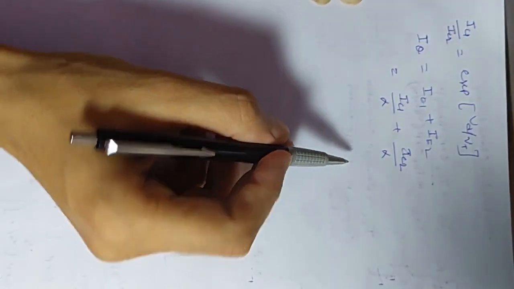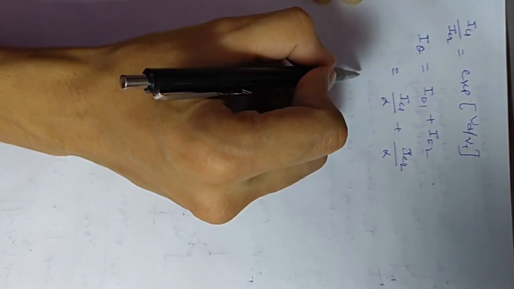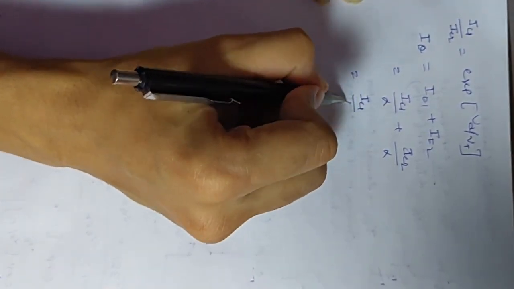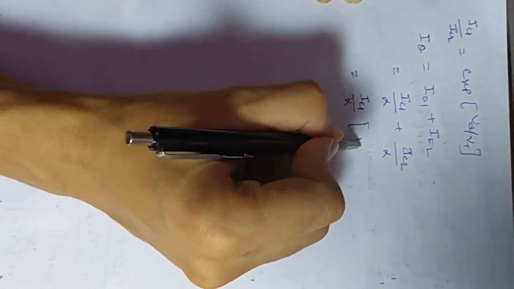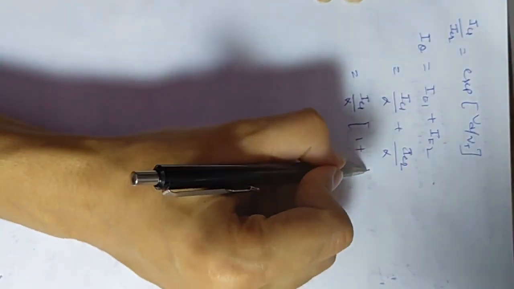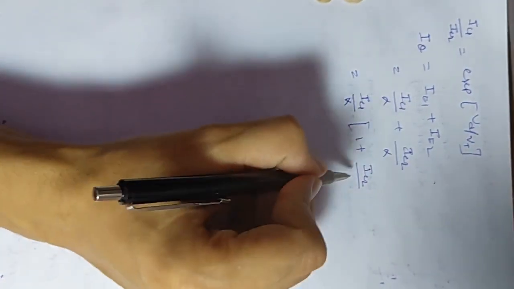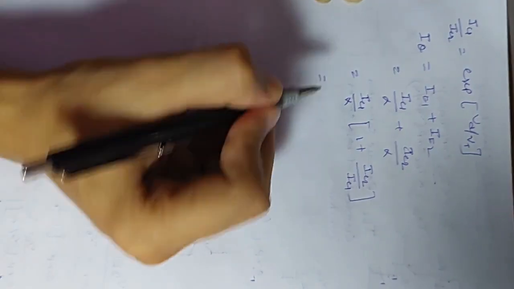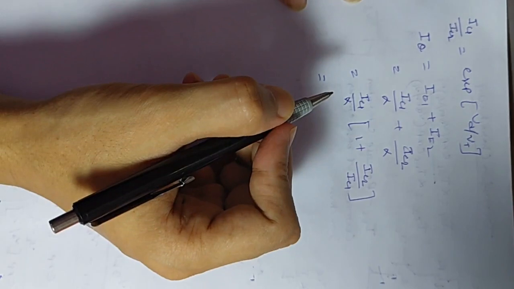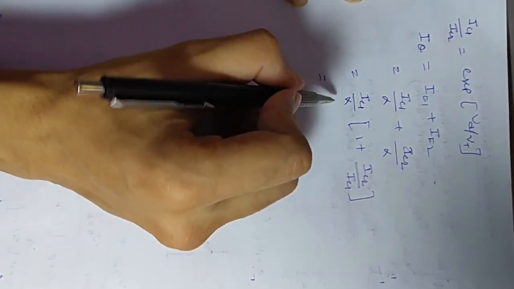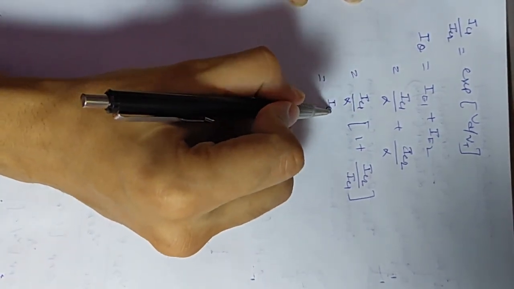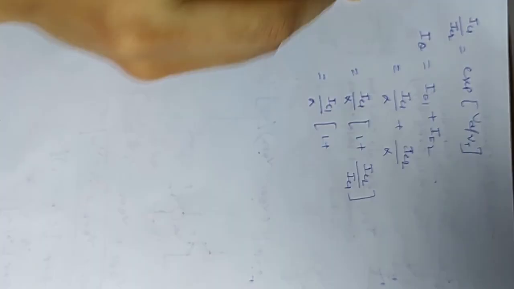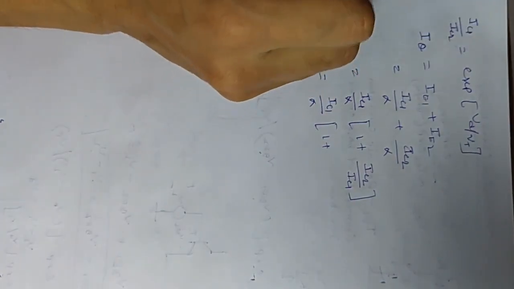If I take common of IC1 by alpha, it will be 1 plus IC2 by IC1, or you can write IC1 by alpha into 1 plus, so you know this ratio, we already derived this ratio.